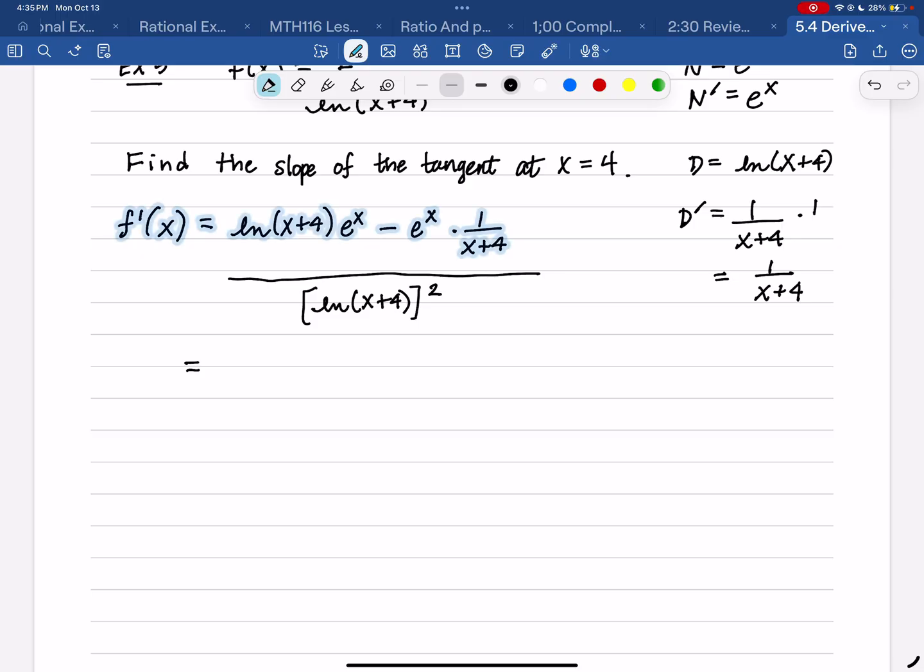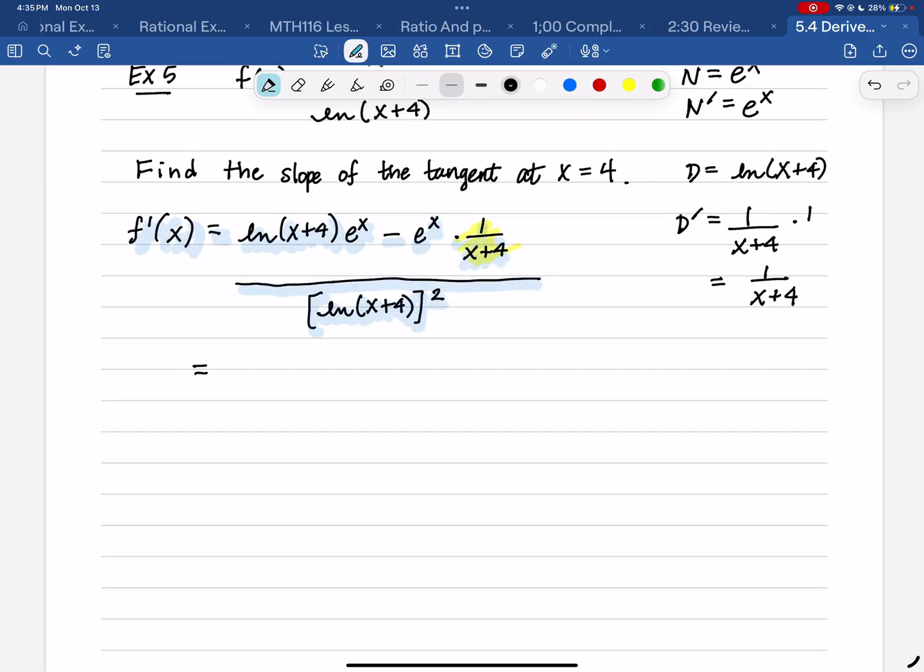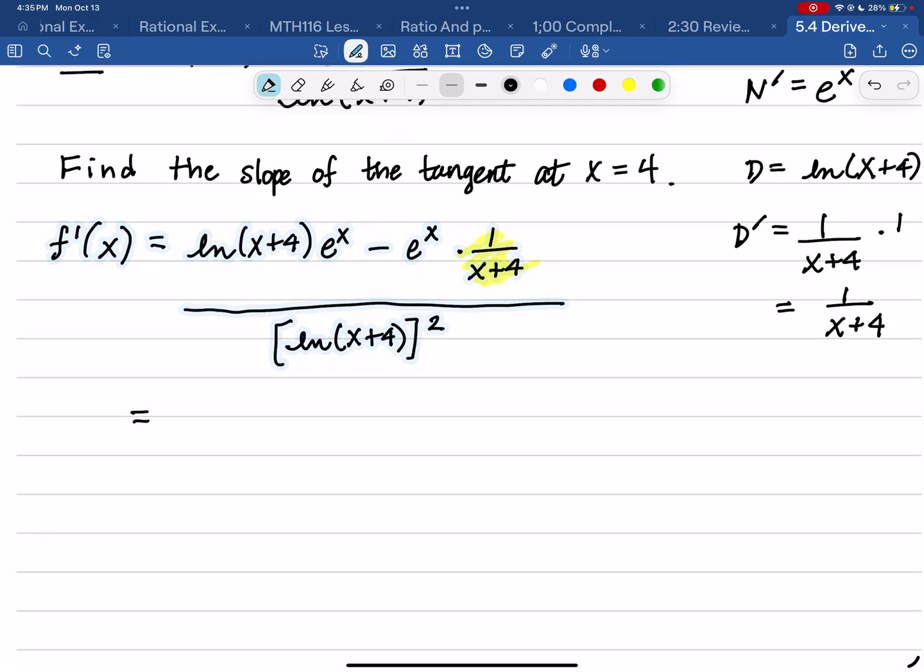Now, I want to get rid of this complex fraction. Notice how I have here a fraction within a fraction. So I want to get rid of that by multiplying both the top and the bottom of this fraction by x plus 4. You can't just do that to one term, you have to do them all. So x plus 4 there, x plus 4 there, and you also have to do the denominator by x plus 4.